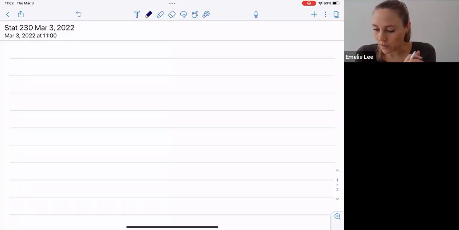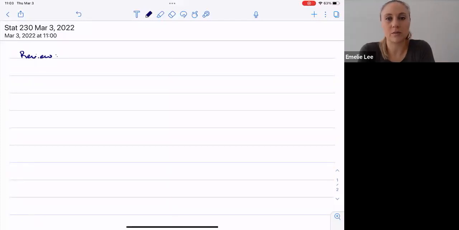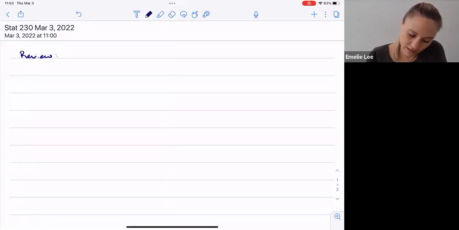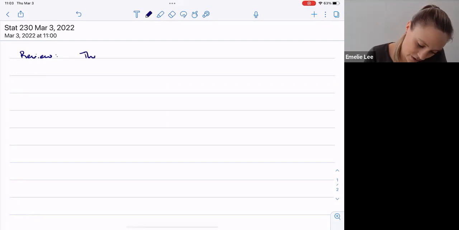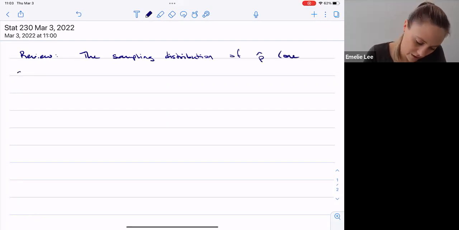Okay, and so last day, just as a little bit of review, we said that the sampling distribution of p hat, which is one sample proportion.